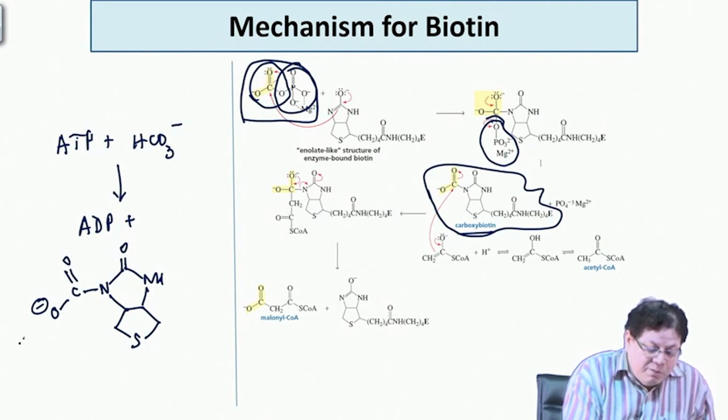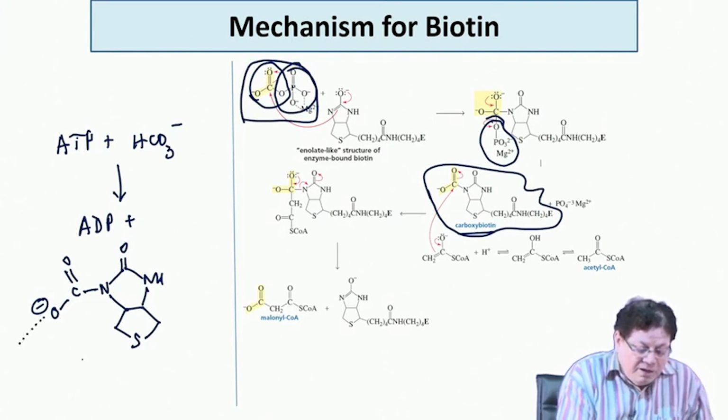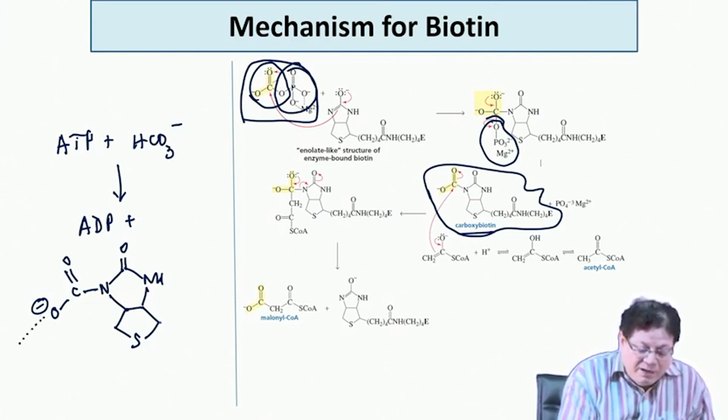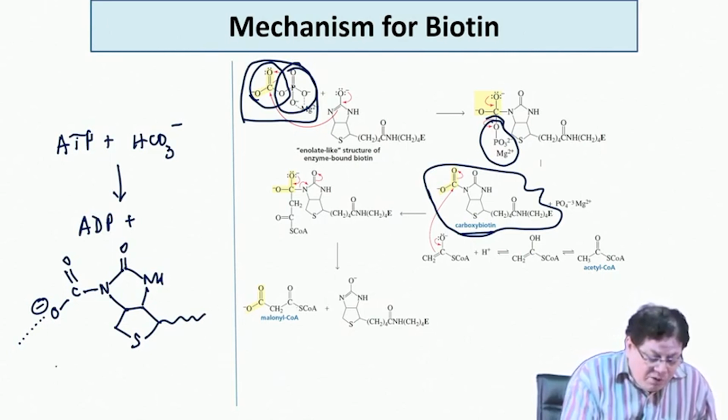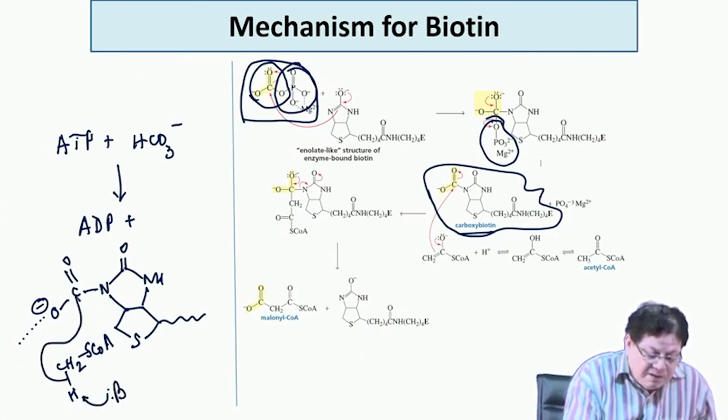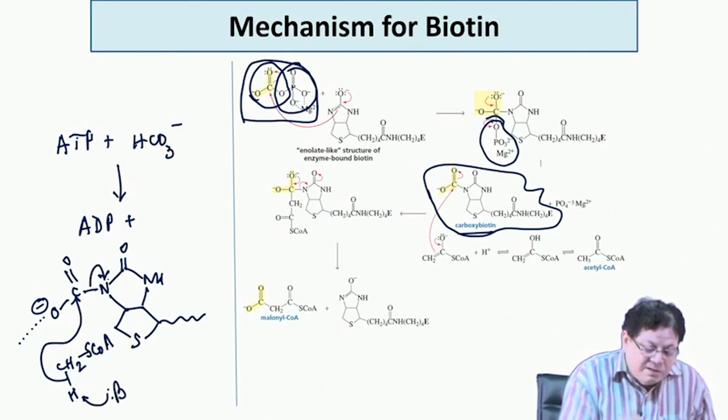Now, obviously, this has to be taken care of if you want to attack by a nucleophile. So, that is the chain attached to the enzyme. So, now your acetyl coenzyme A, SCoA. So, now there is the base in the enzyme that takes up this, goes here and that is kicked out.